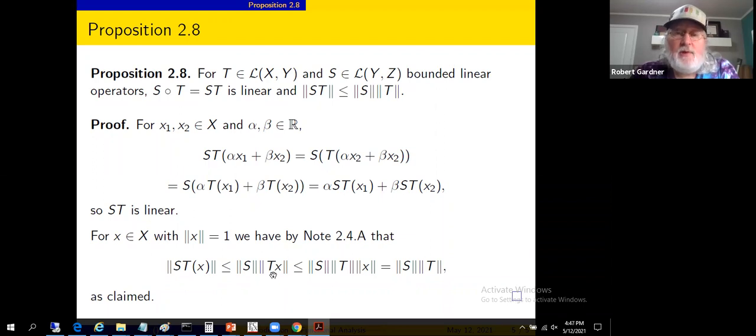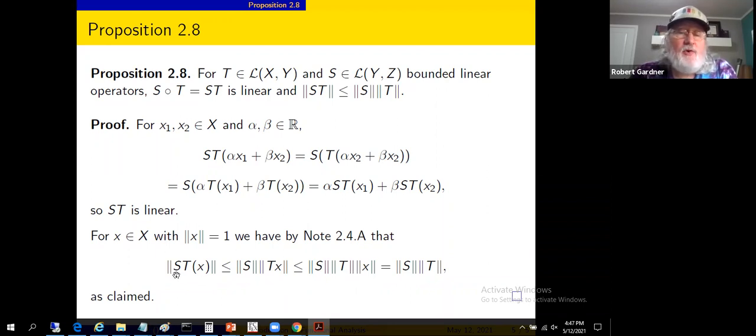Do it again. Now apply note 2.4.a to T of X, norm T and vector X, and that produces a norm of T and a norm of X, operator norm and vector norm. Oh, but wait, we took X to be a unit vector, so we can drop that.